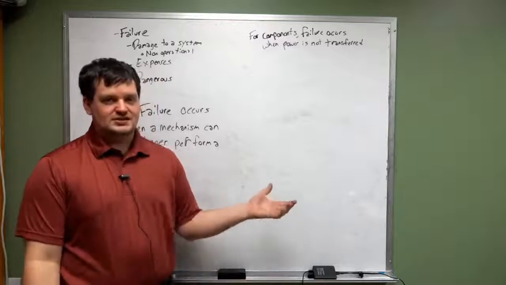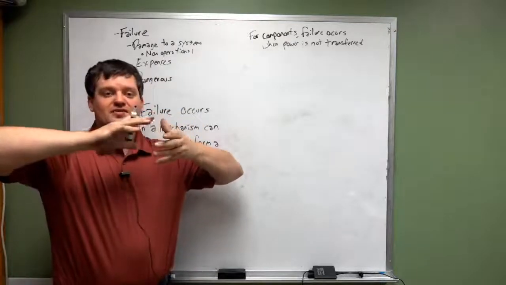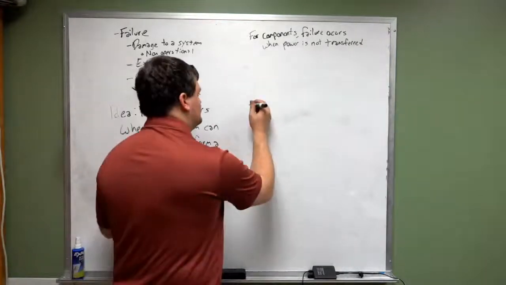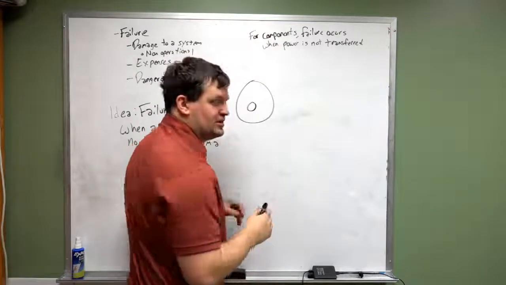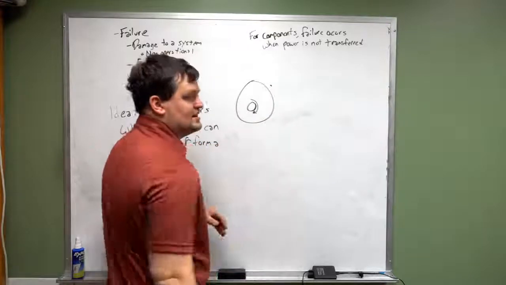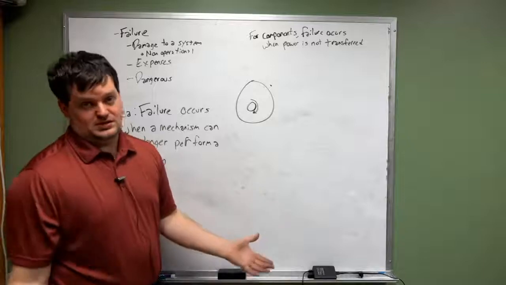Okay, so like for an example of a gear, you could have a failure where the gear is spinning relative to the shaft, and all of a sudden the gear breaks free on the shaft. So here's my shaft, here's my really poorly drawn gear. Okay, if this shaft can spin and this gear does not spin, you have failure of a component. The failure occurred in the joint.